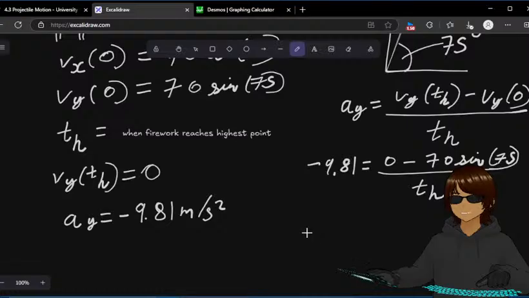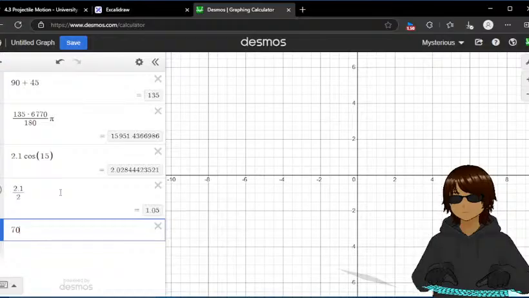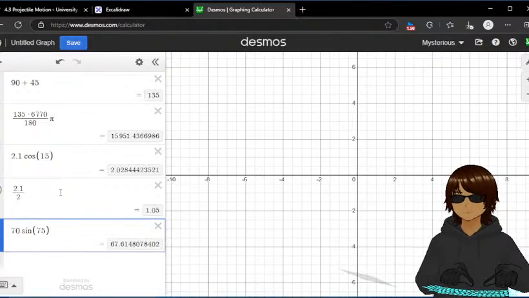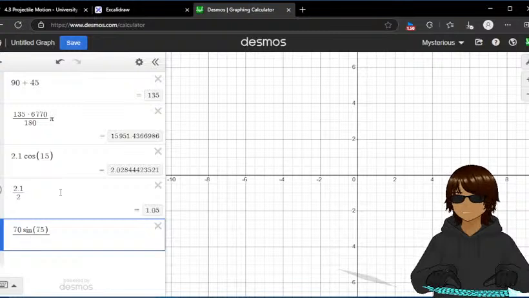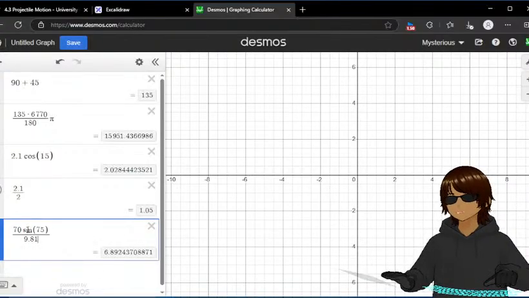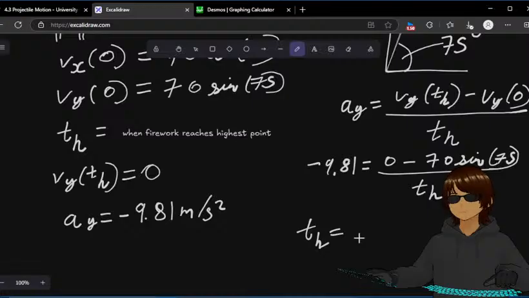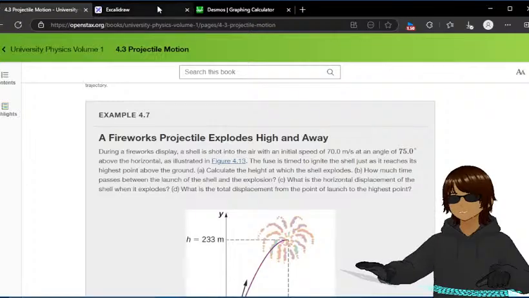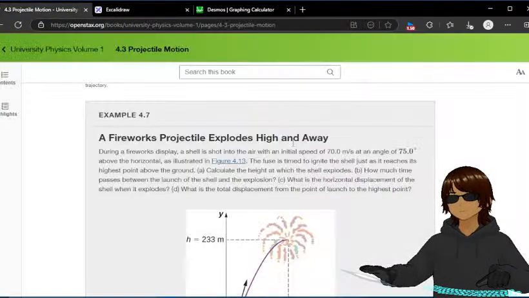So t_h is equal to 70 sine 75 divided by 9.81, which is 6.89. We have three significant figures, so I think 6.89 is valid. This is the time we need to calculate the height.